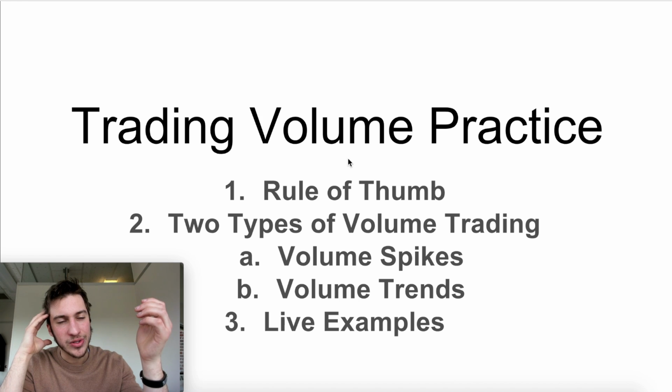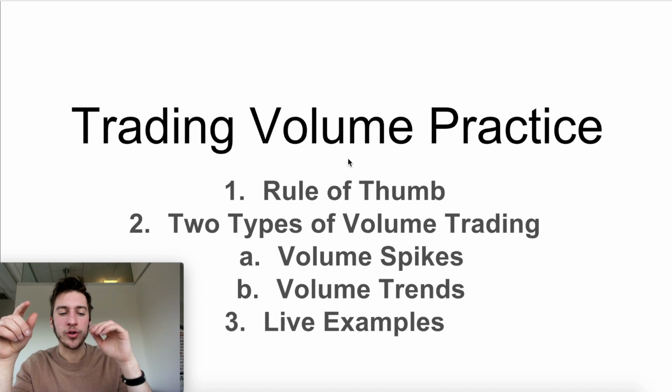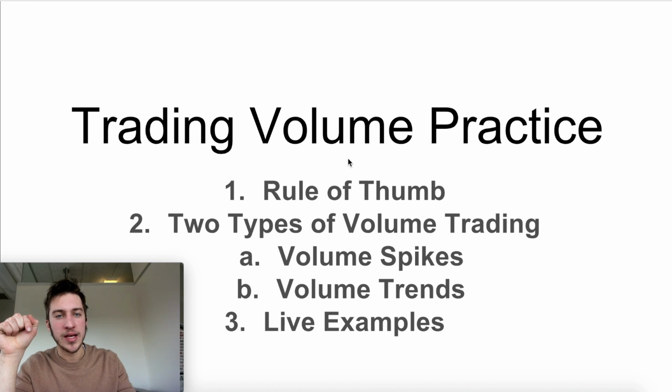But that's using info from the past, whereas volume is using info from the past and the present. So it tells you what has happened at every single price point and at the current price point as well. And that can be very helpful when deciding whether to buy into an uptrend or deciding when to sell.